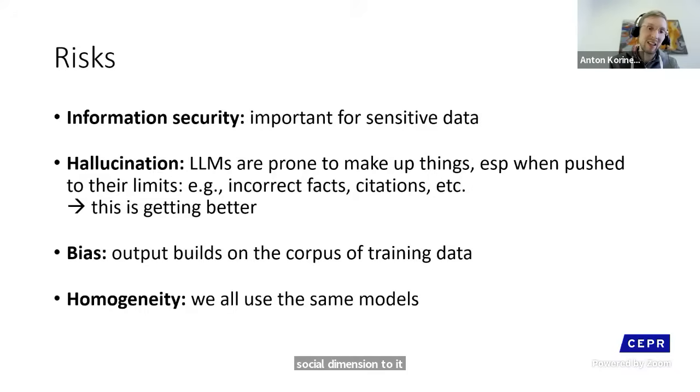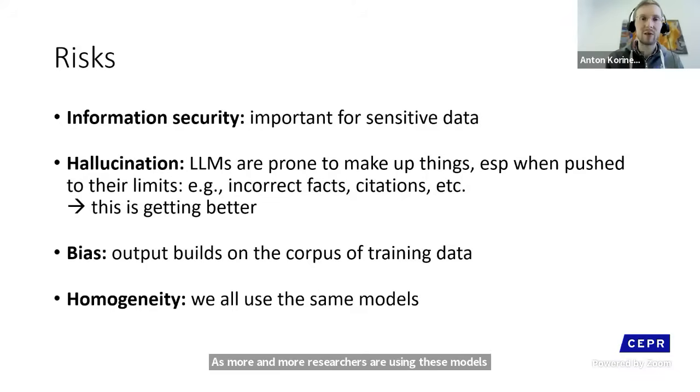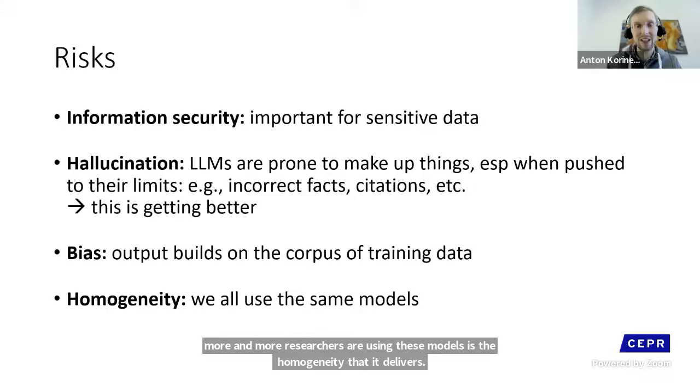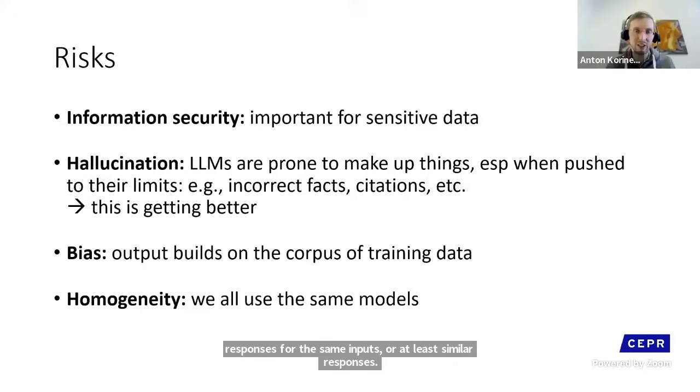And lastly, I think a risk that will become increasingly important as more and more researchers are using these models is the homogeneity that it delivers. If we all use the same models, we get the same responses for the same inputs, or at least similar responses. And that risks making our work more and more homogeneous.